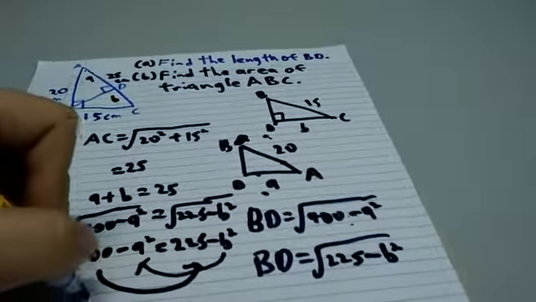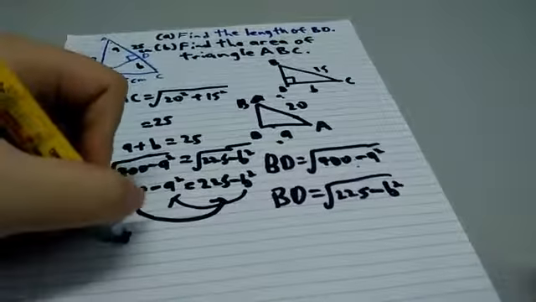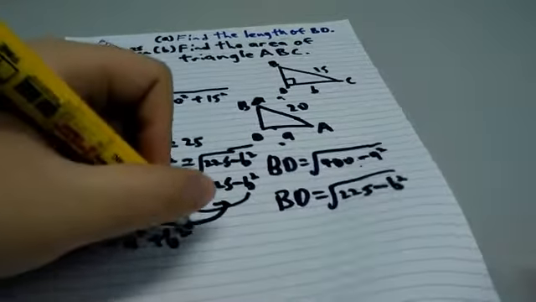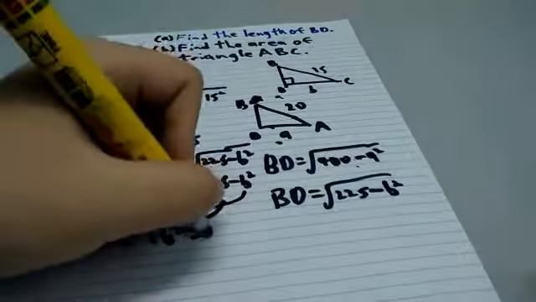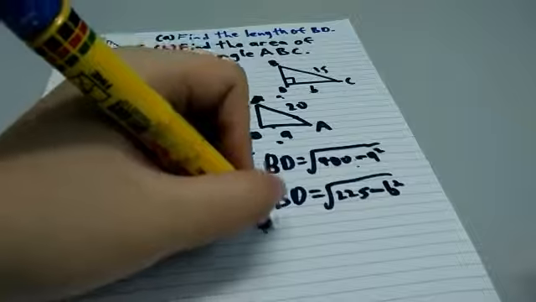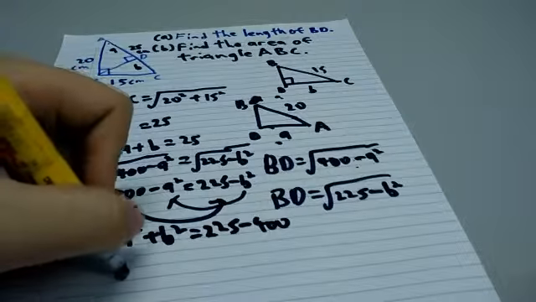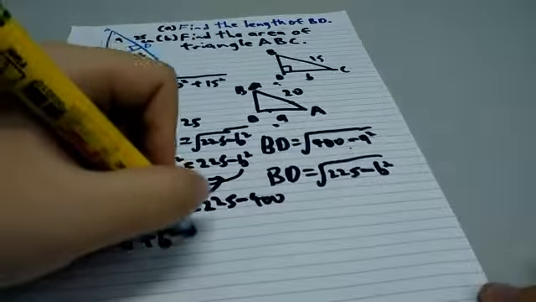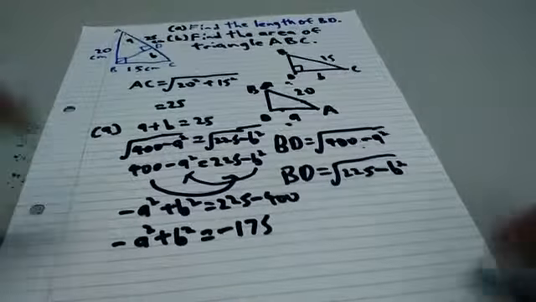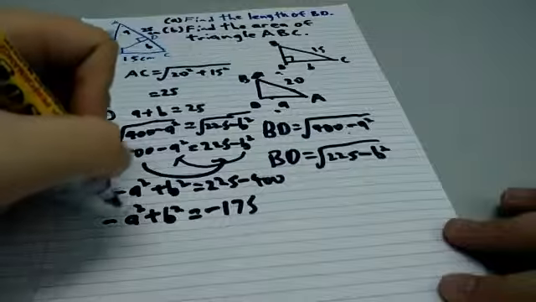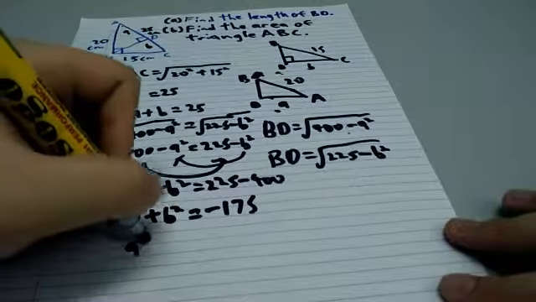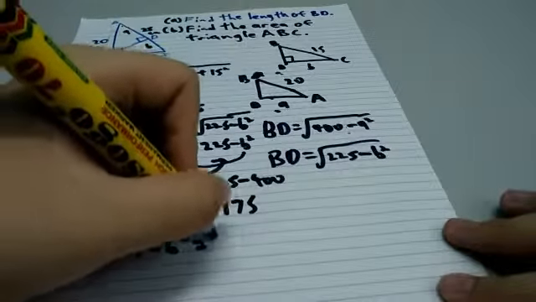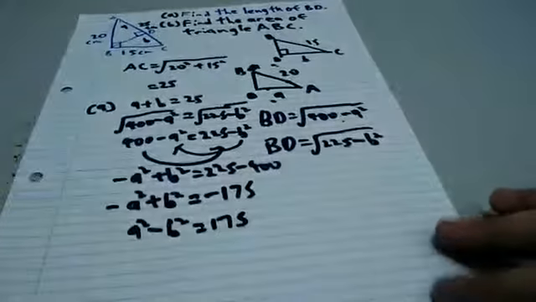So negative A square plus B square is equal to 225 minus 400. So negative A square plus B square is equal to negative 175, and then we multiply by negative 1, so A square minus B square is equal to 175.